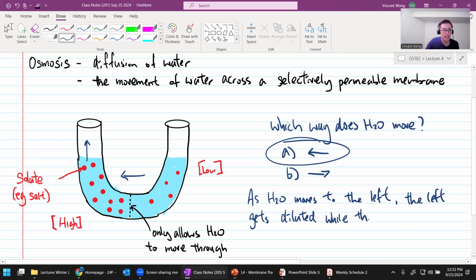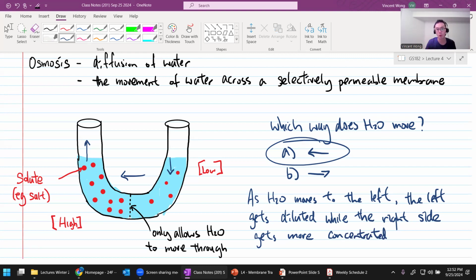While the right side gets more concentrated. Okay, because there are less things here, less solute, the water is going to move to the left, and then the water level is going to go down. And it's like reducing a sauce when you cook. When you evaporate the liquid, it gets thicker and thicker, and more concentrated, right?